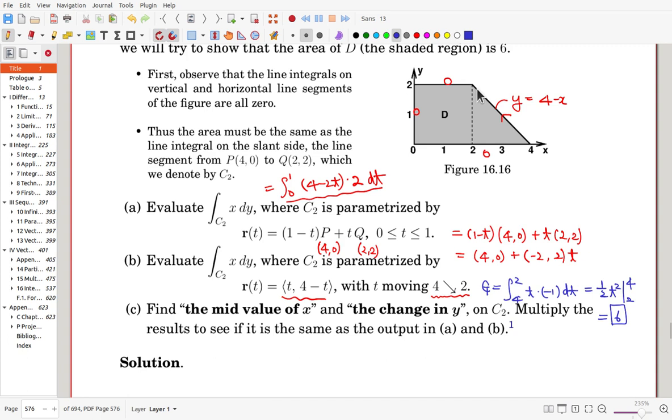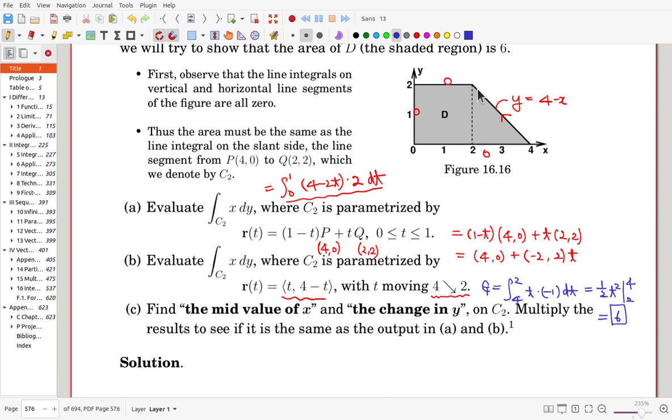That is a numerical approximation for this linear line segment, and we are using a second order approximation, so there's no error involved.